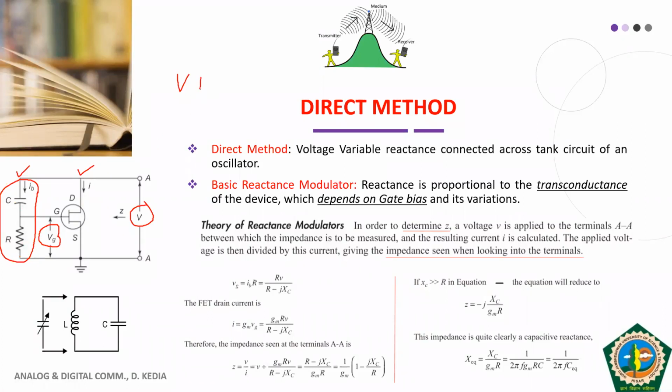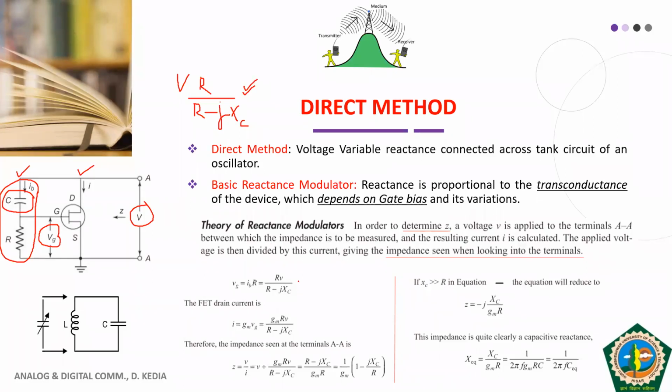So it can be written like this: voltage across R, and then R minus jXC. This minus jXC is the capacitive reactance. So this is nothing but the voltage divider rule.